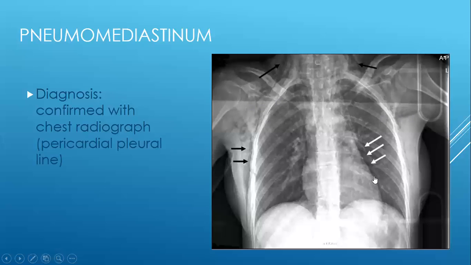So usually there is no space between the heart and the lungs since your pericardium and pleura are adjacent. However, when you have pneumomediastinum, you have air in the space between the heart and the lungs, which is why you have this pericardial pleural line, which is visible on X-ray.